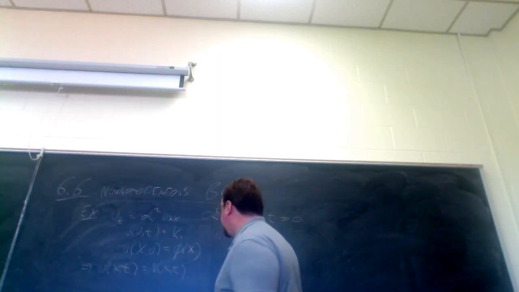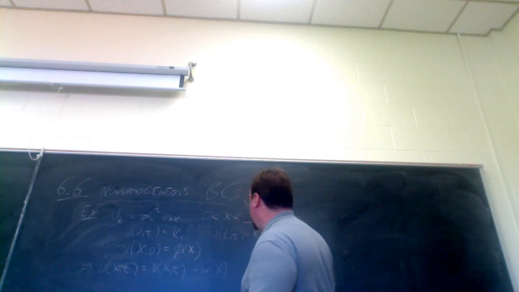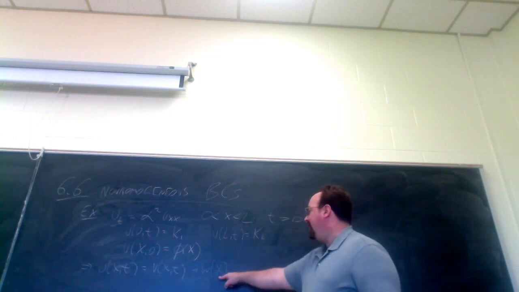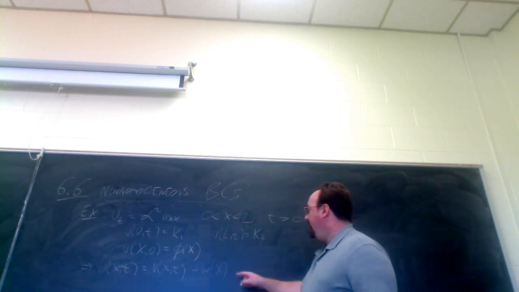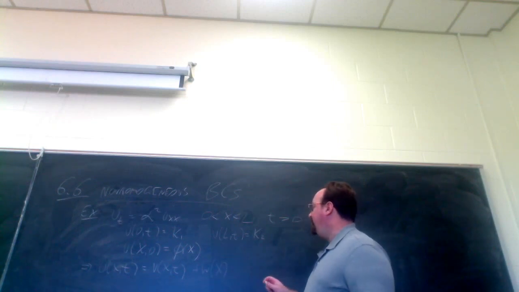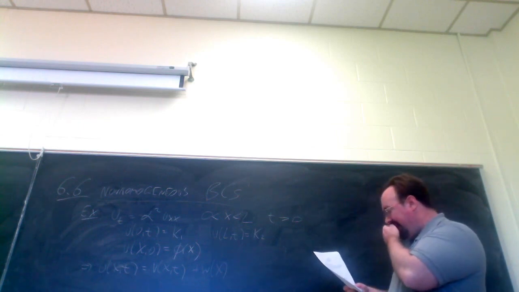I'm going to express the solution as a sum, and I can do this because the PDE is linear, and so are the boundary conditions. And in this case, I can write u of x,t as v of x,t plus w of x. Now, normally I'd have w of x,t, but I don't need that in this case because the boundary conditions do not depend on t. So at least we can get away with a function of x.